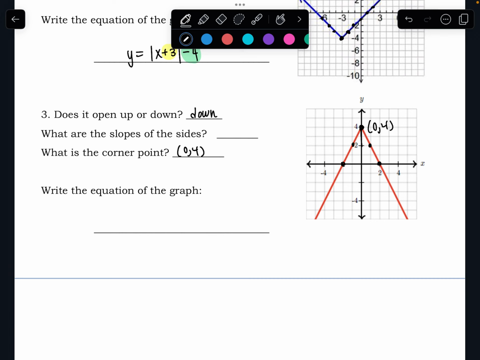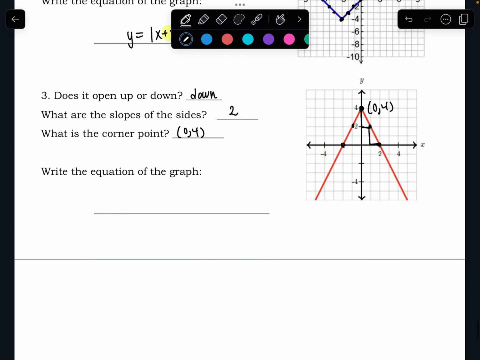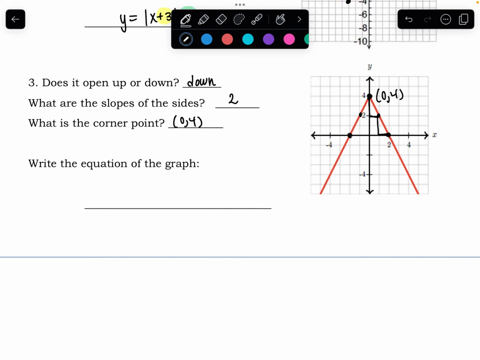And so it looks like the rise is 2 and the run is 1, down 2 over 1. And so this down means we're going to have a negative in front of the bars as well as the 2 for the slope. The x-coordinate is 0, so we have x all by itself inside the bars. And then we have a plus 4 for the y-coordinate of the critical point.